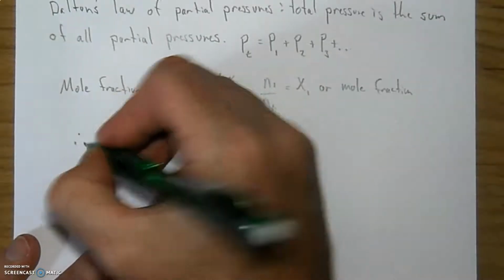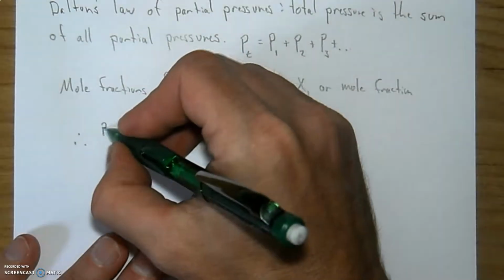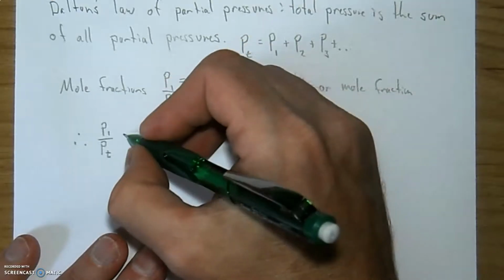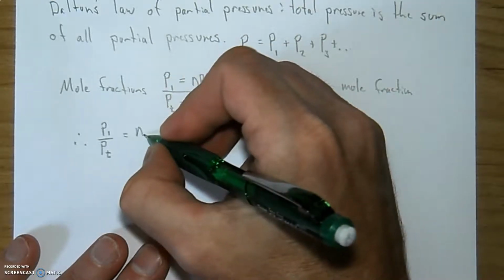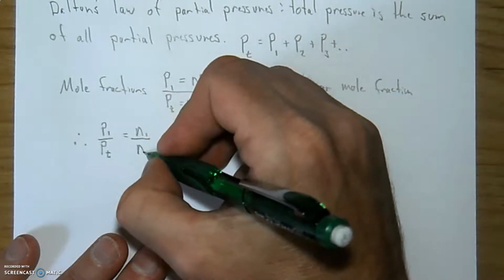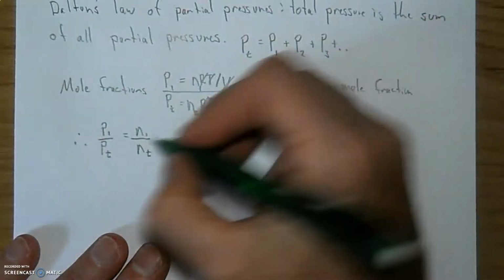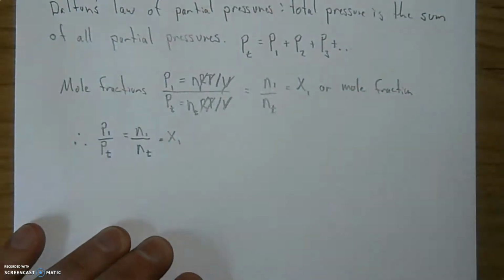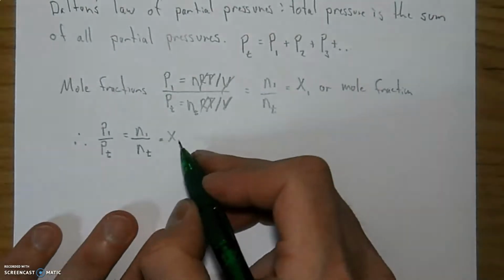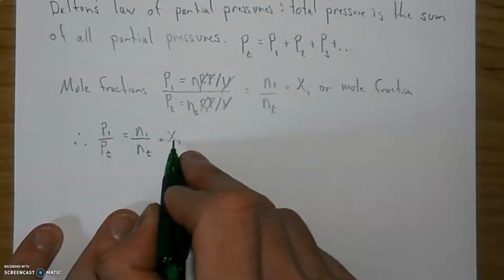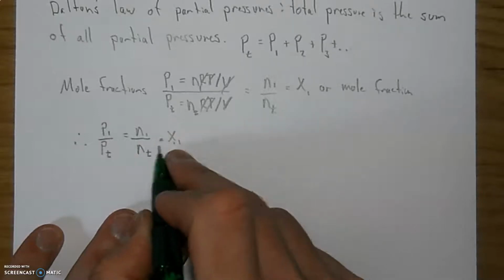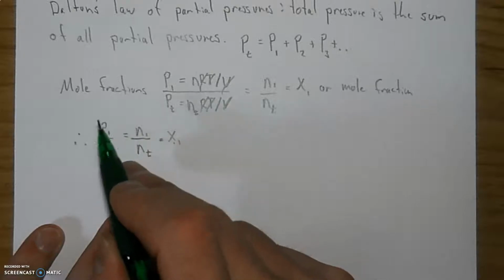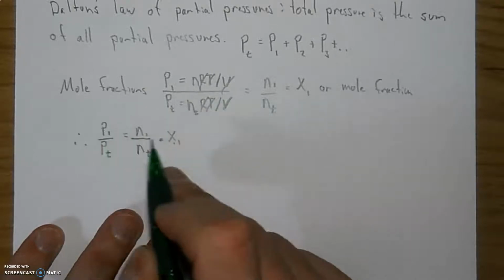Therefore, the pressure of a gas out of all of the total pressures in a container has a ratio represented of the moles out of the total. So really what we're looking at here is just the ratio. If I know the percentage that this mole is out of the whole, I can apply that to the total pressure in the container and figure out what its individual pressure is of that gas.